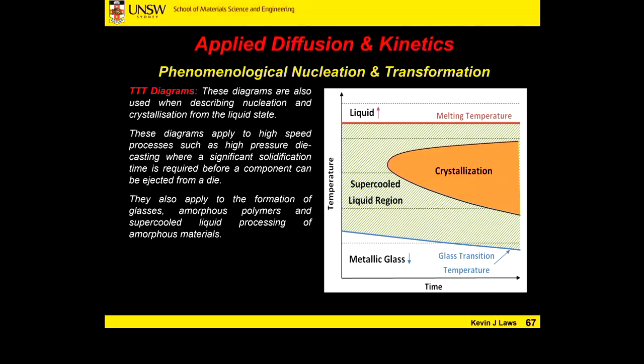Vitreous solid state is your window glass, your metallic glass. Anything that you know of as glass is typically in a vitreous solid state. Most polymers are also in this vitreous solid state. Basically, they've been cooled at a rate faster than nucleation and crystal growth can occur.